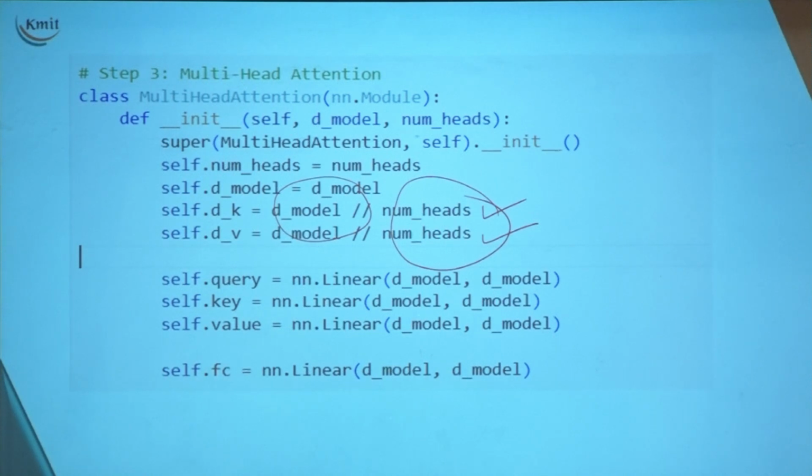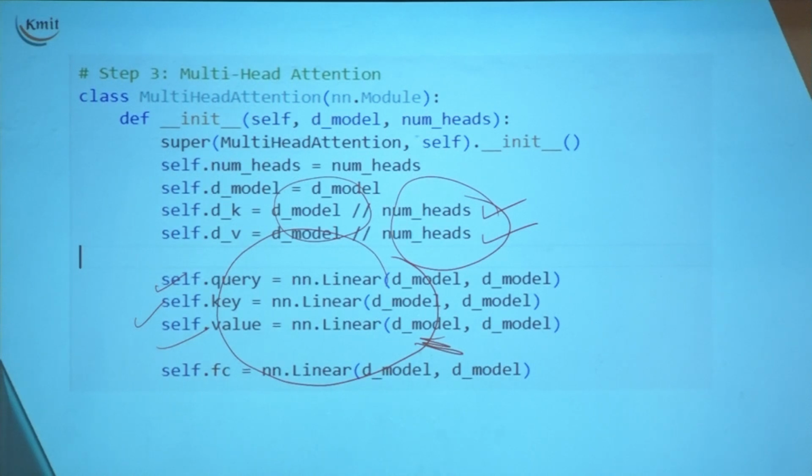Am I taking self.d_q? No, because the encoder output values K and V are only given to the decoder. Are you all with me? Yes or no? Okay. Now, how am I generating query, key and values? By using which model? A linear model based on d_model. Yes or no?